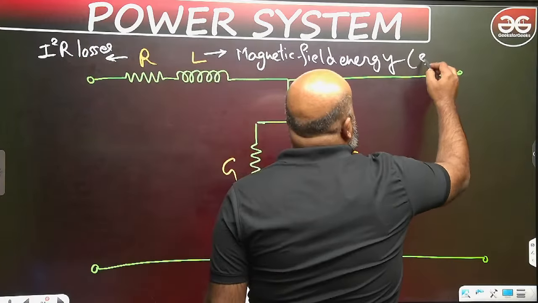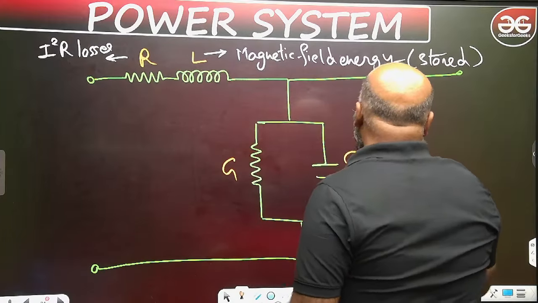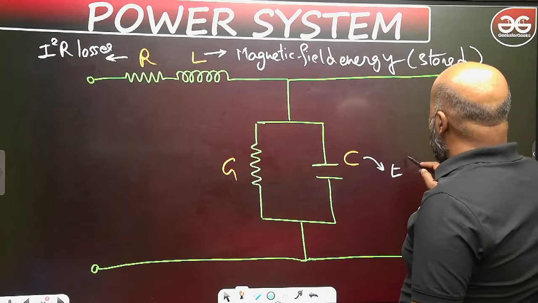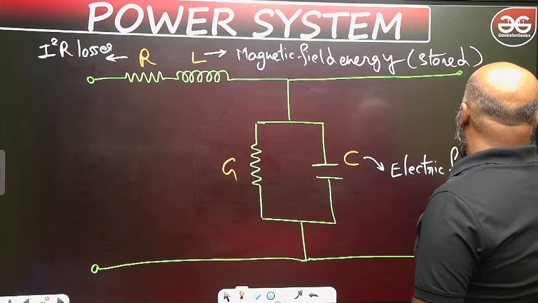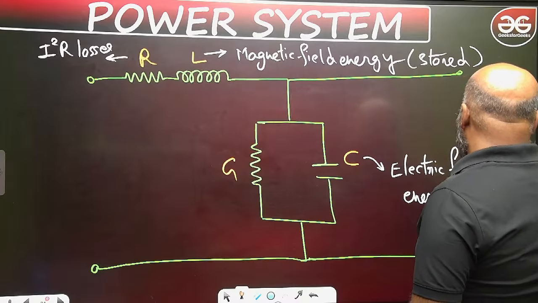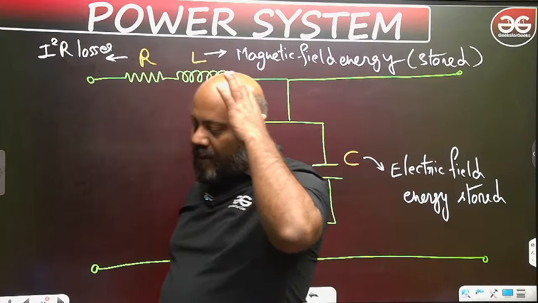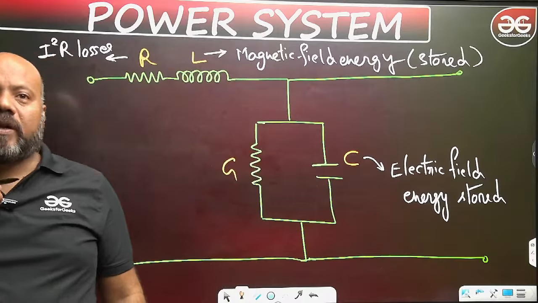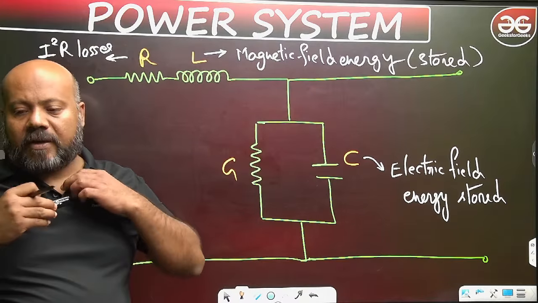The magnetic field energy is stored in the line. What is C representing? The electric field energy is stored in the line. I hope you're getting my voice. Yes, you're getting the voice.